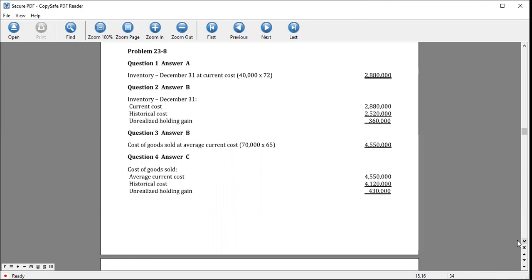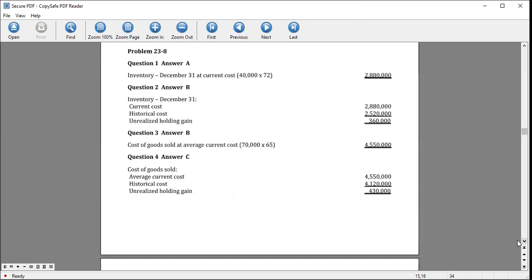Then number 3, what is the cost of goods sold for the current year? So we have now the cost of goods sold at average current cost of 70,000 units sold, and then we multiply that by the average current cost of 65, adding 58 and 72. That makes a total of 130 divided by 2. So we get 65 times 70,000 units.